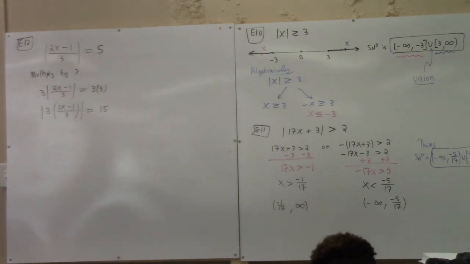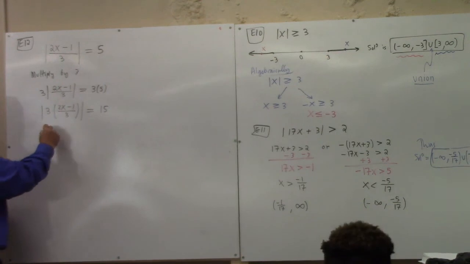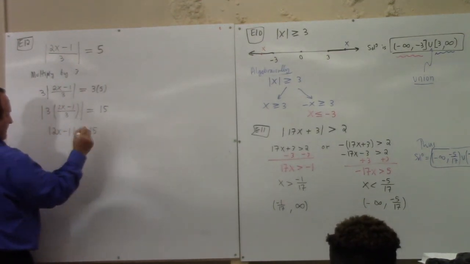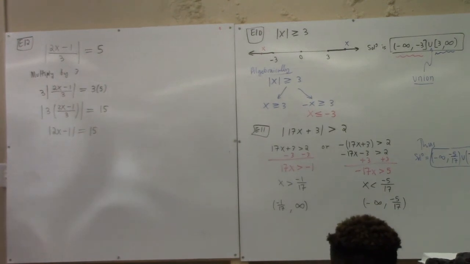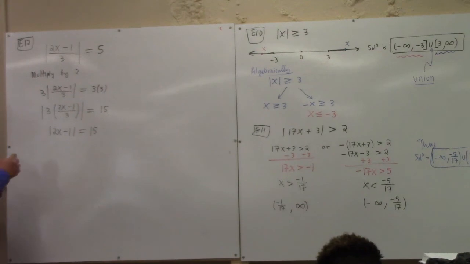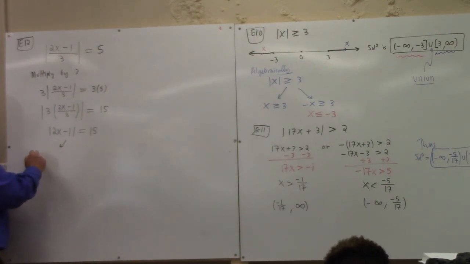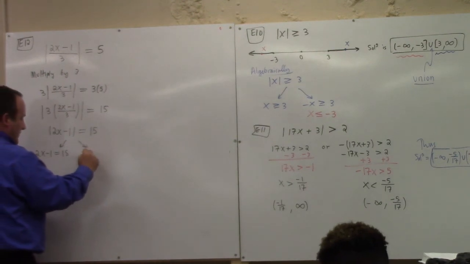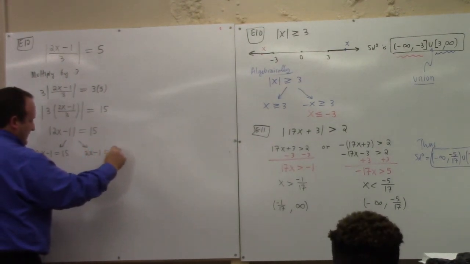And then you cancel the 3's. We've got absolute value of 2x minus 1 equals 15. So we can either do our 2 cases or we could do the plus minus. It's kind of up to you guys. I'll do the 2 cases. So we have 2x minus 1 equals 15, or 2x minus 1 equals minus 15.